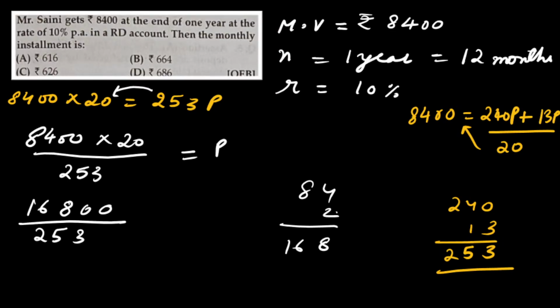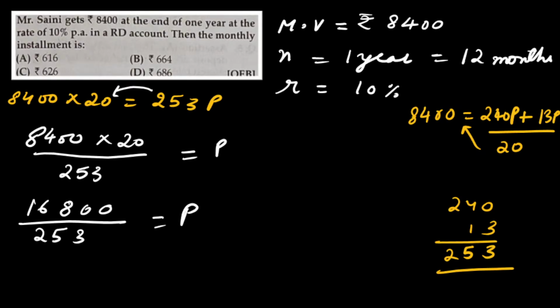253. From the options we can check because it's an MCQ. So 253, 664.